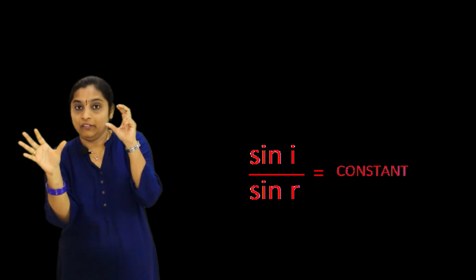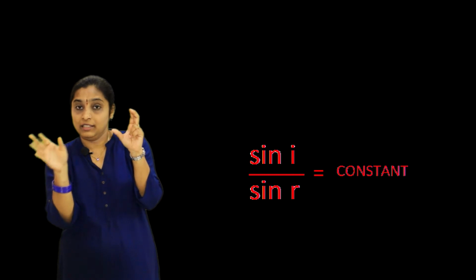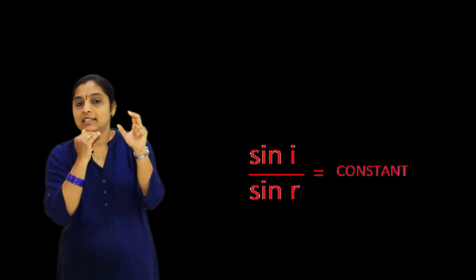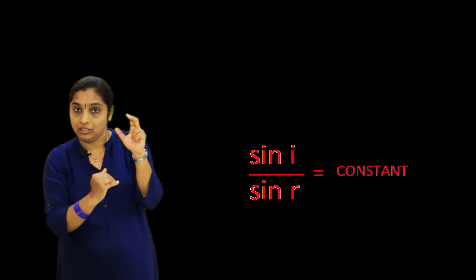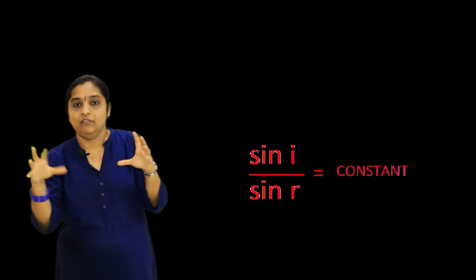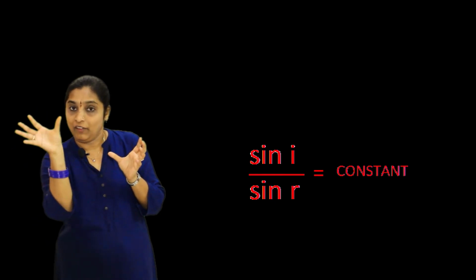That means sine of angle of incidence will depend on sine of angle of refraction, and that ratio will be constant. Wherever you do an experiment, that value will be constant, and that constant is called the refractive index. So we understood the second law of refraction.